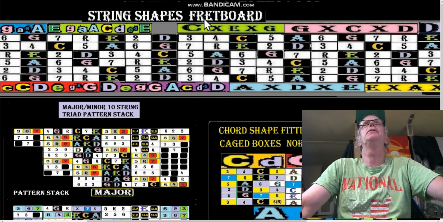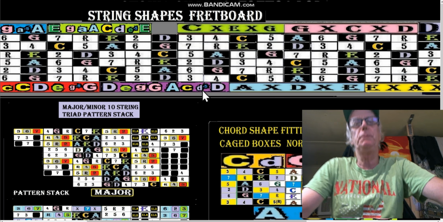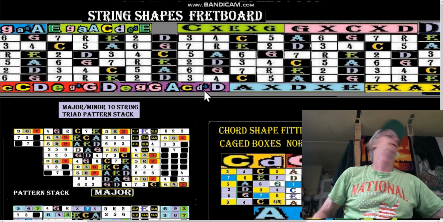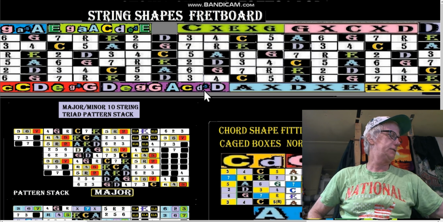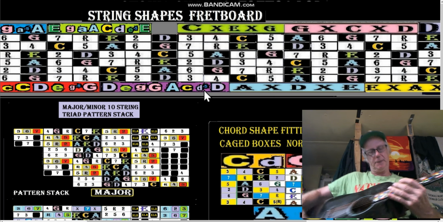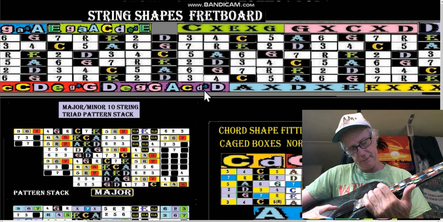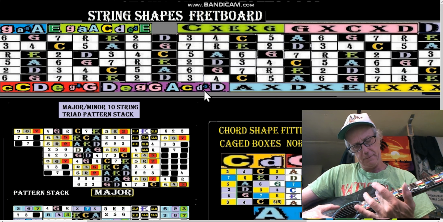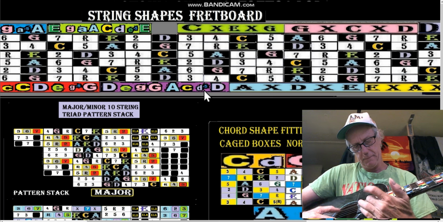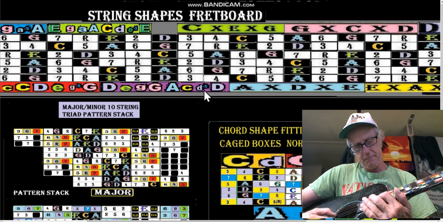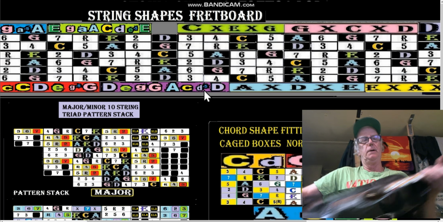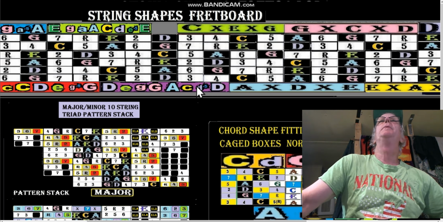Now we're an octave up, and we really don't want to be drawing a fret nut there because we're an octave up in the key of C. It'd be kind of like being way up here on my guitar.